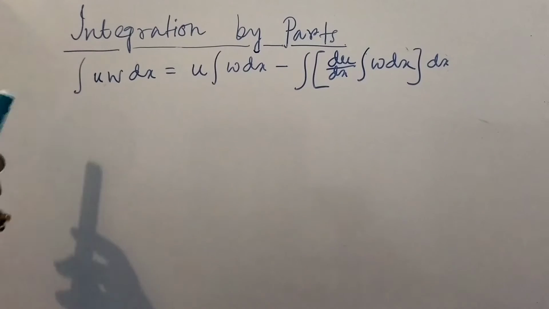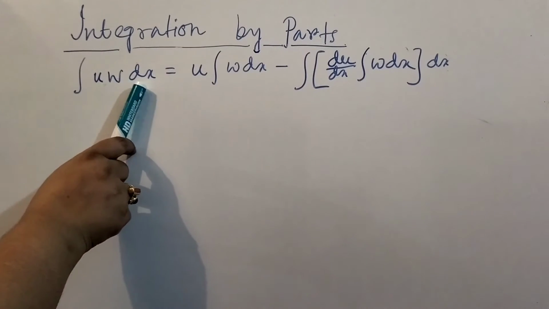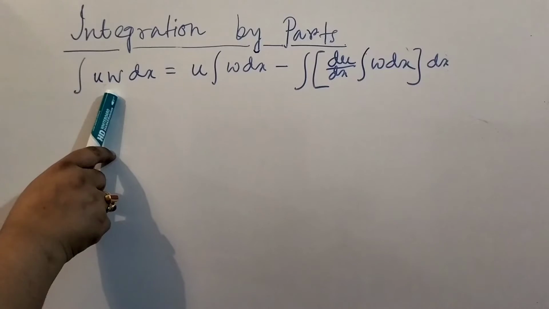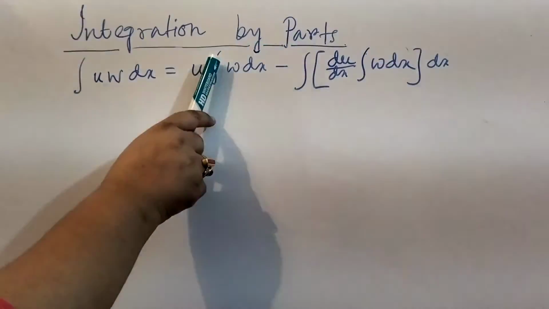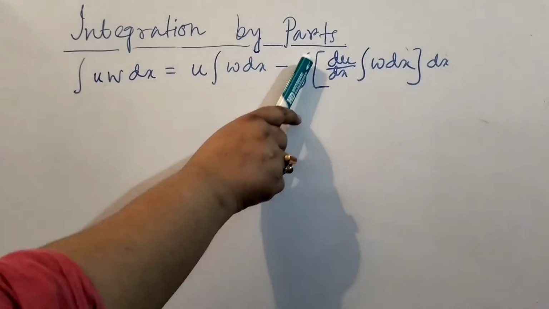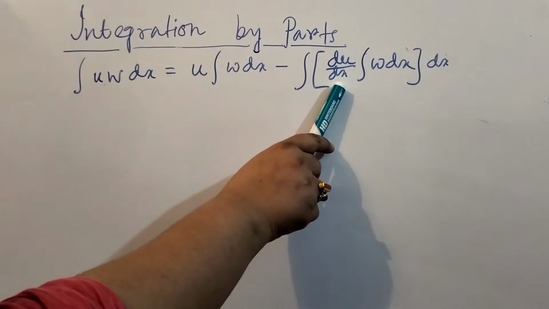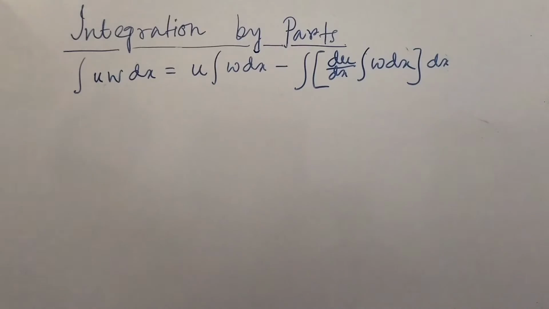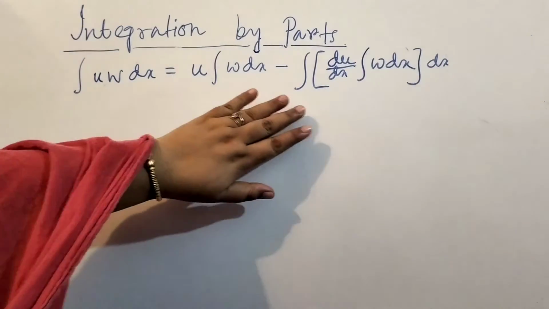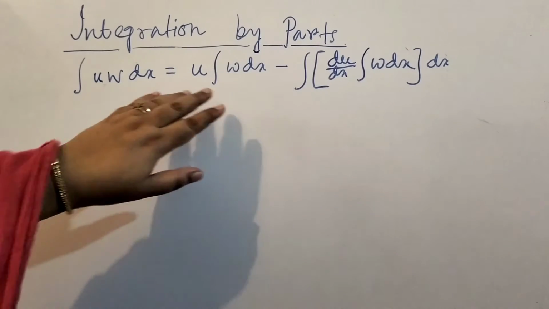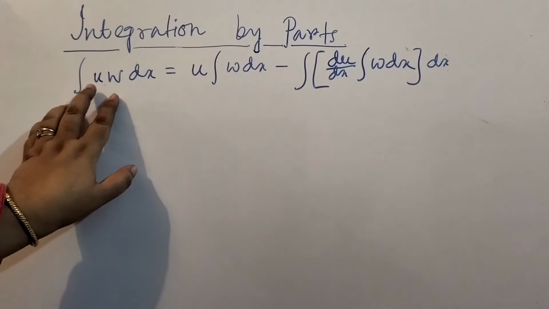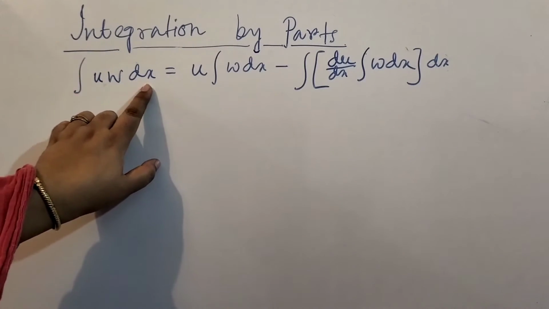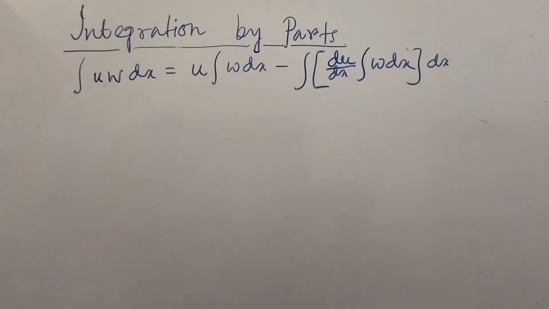Here we have seen that integration u w dx, where u and w both are functions of x, is equal to u integration w dx minus integration du/dx into integration w dx, and then we have to integrate this entire result with respect to x. So this is the formula, this is the way of integrating the product of two functions of a particular variable, here it is x, by the integration by parts method.